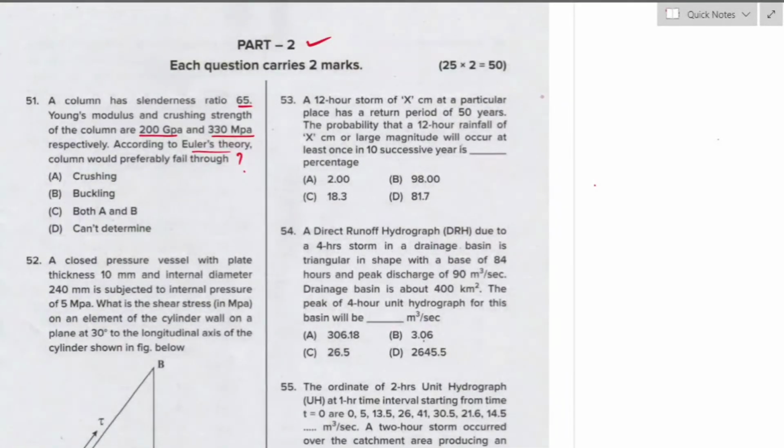So from Euler's theory, the Euler's critical load of a column is equal to pi square EI by L square. So this formula is applicable only when the crushing strength is greater than or equal to buckling stress.